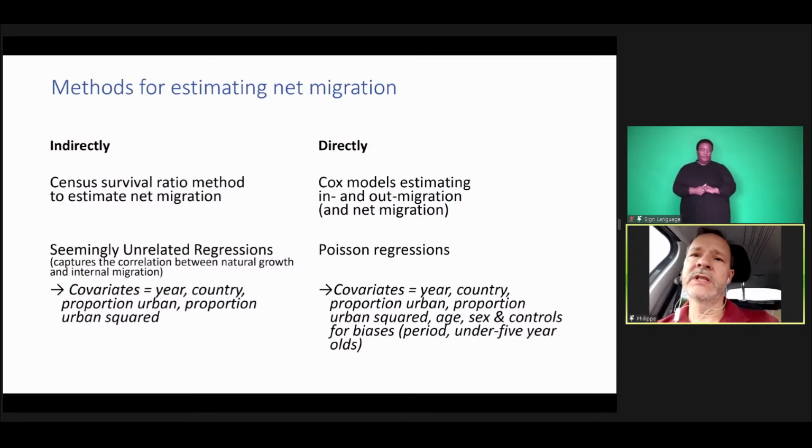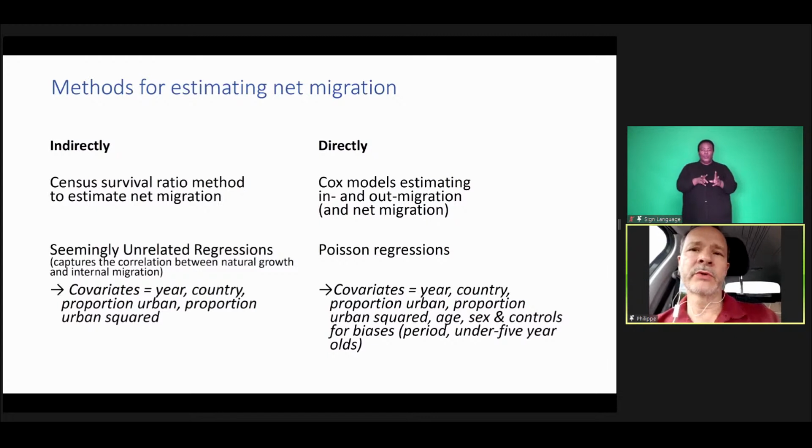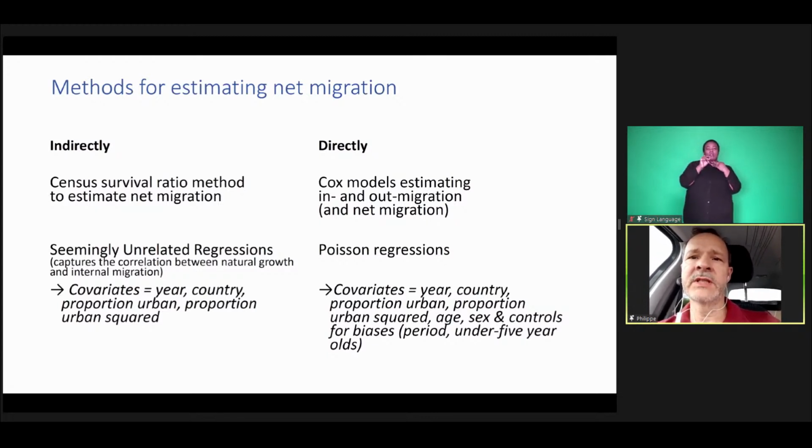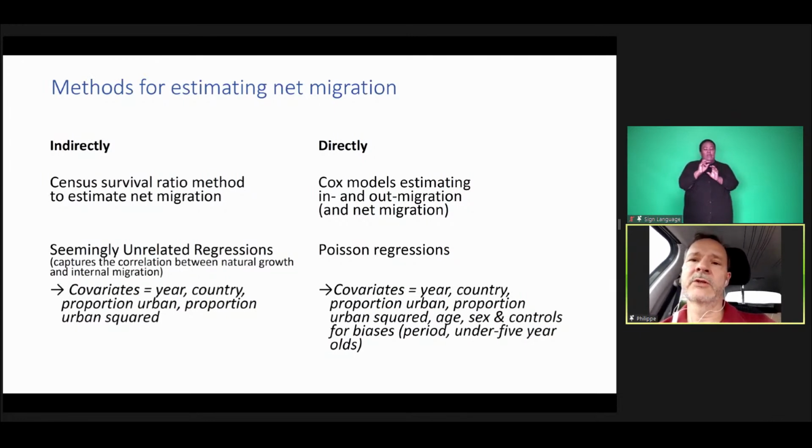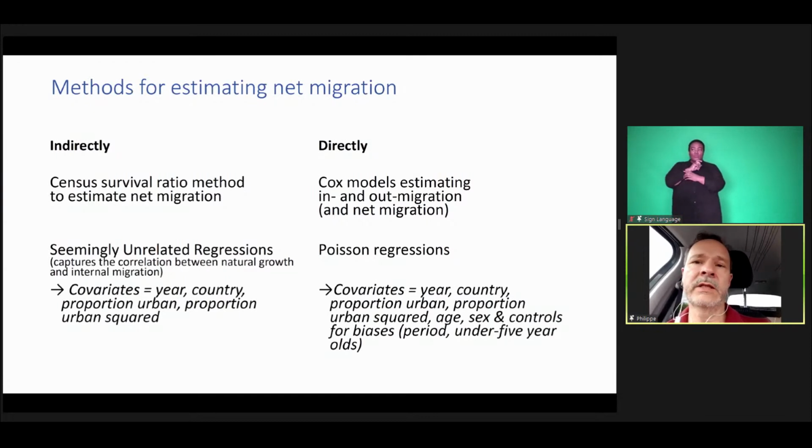Using the indirect method, we use what we call the census survival ratio method to estimate net migration. And in the jargon, we use seemingly unrelated regressions to estimate the contribution of natural growth and migration growth, using as covariates the year, the country, the proportion urban, and the proportion urban squared.